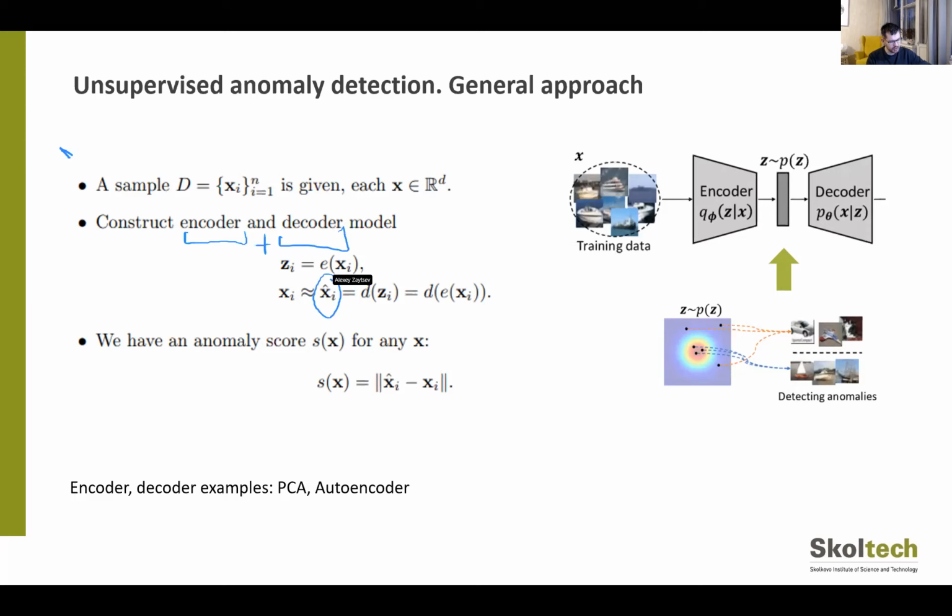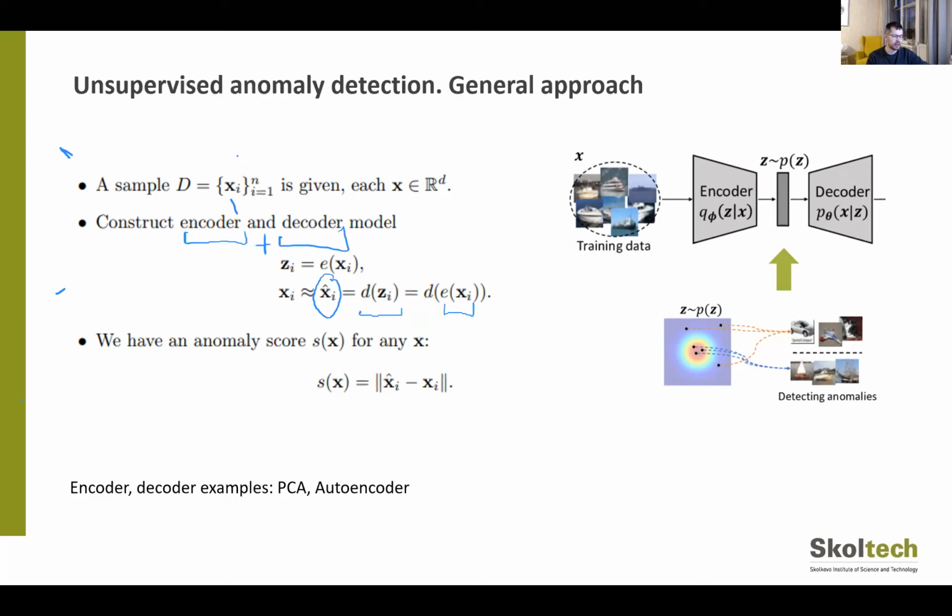We want x hat to be close to x, and this is what we train on our learning data. So we have the encoder here. After the encoder, we have z, the encoded sequence or encoded object. And we have the decoder, and after application of the decoder, we have this x hat.